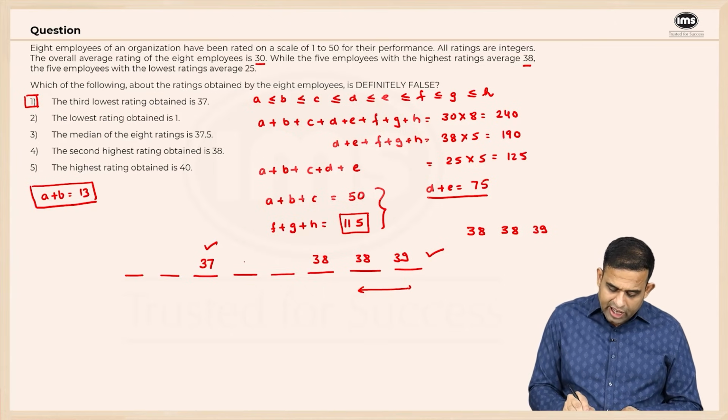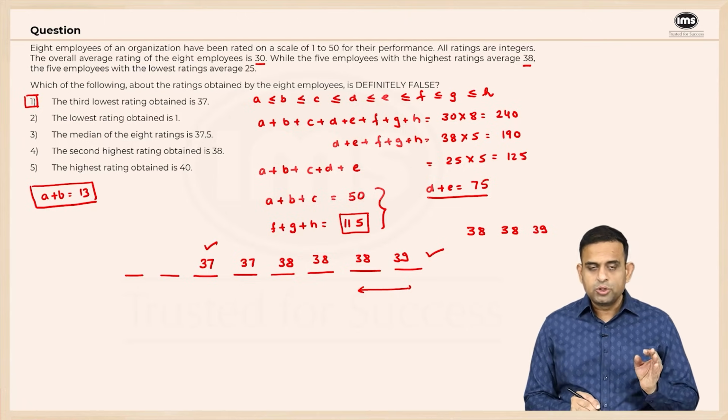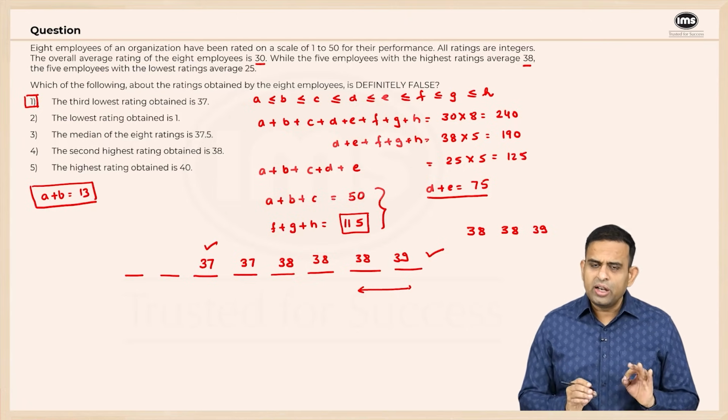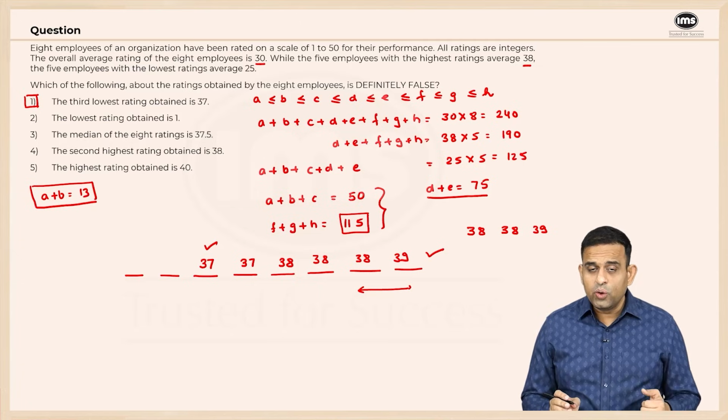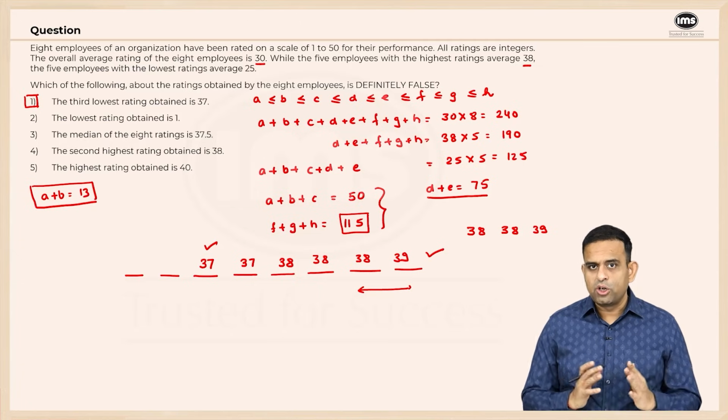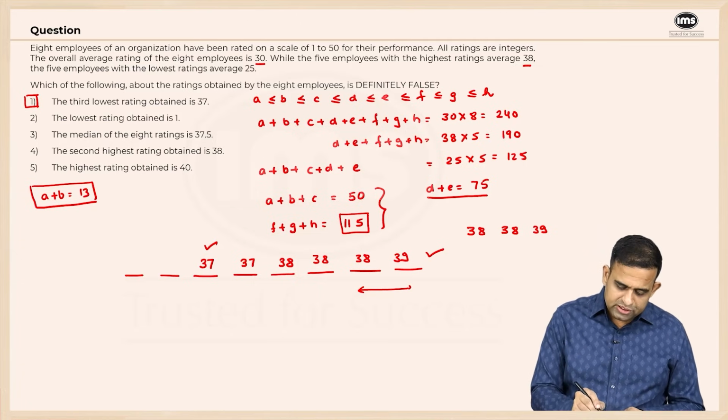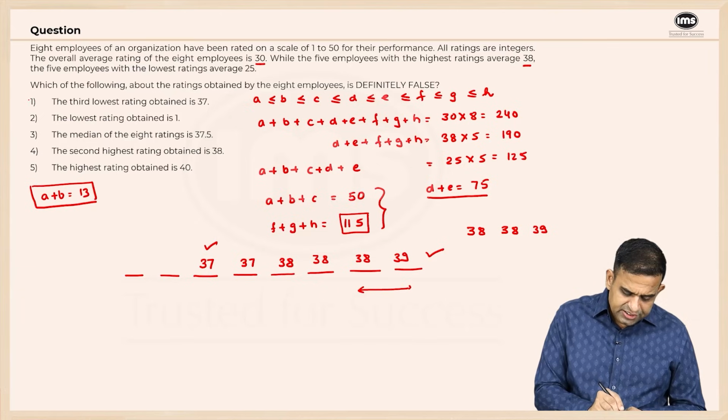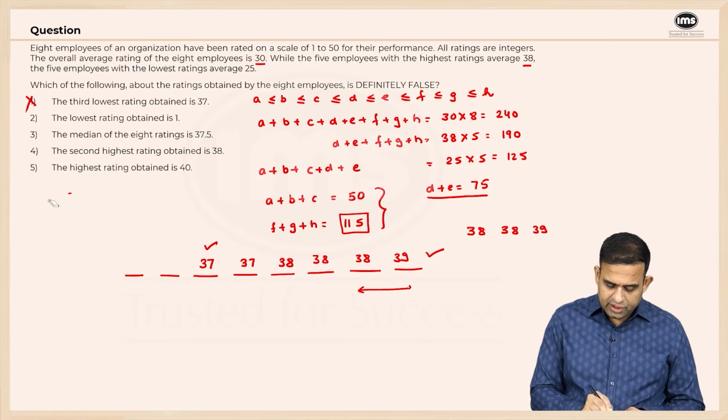So definitely we can have one number as 37 and this number as 38. What we are able to see is that number 1 is possible. Had they told us distinct, then I would say it's not going to be possible, but this is possible. Hence, not the answer.